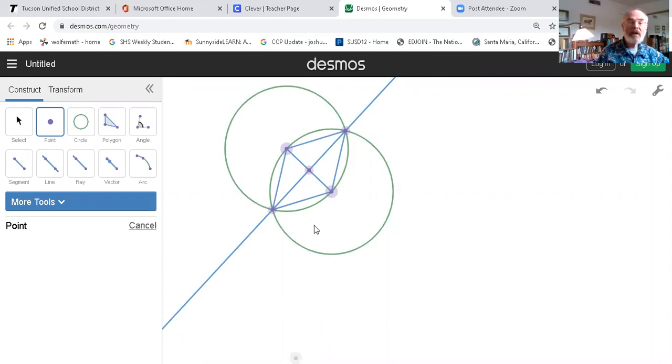You can see how to do this. I'm giving you basically an embedded demonstration of Desmos, and you've got everything you need to be able to determine how to construct a perpendicular bisector and how to prove that you've got a perpendicular bisector and what the measures of different sides are related to the theorem.